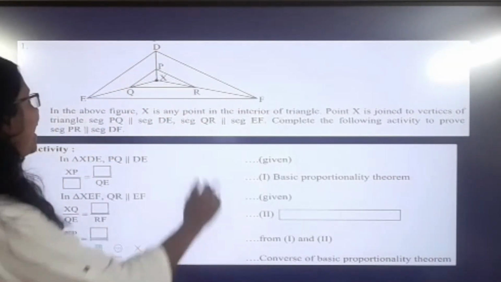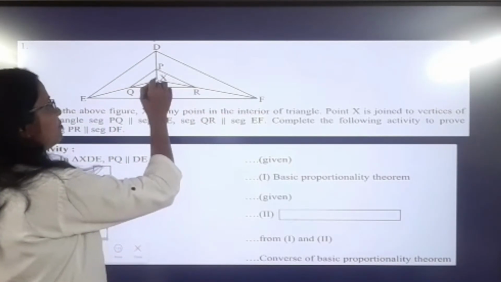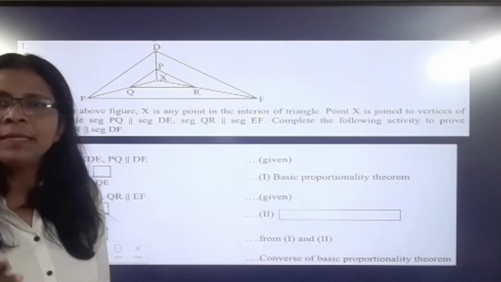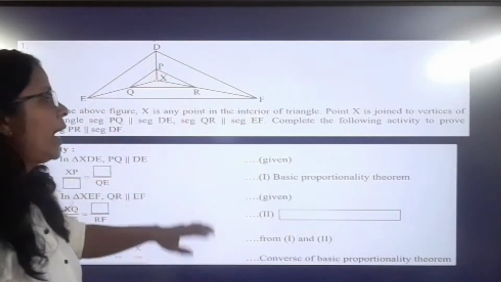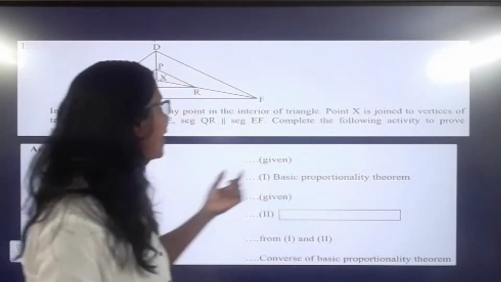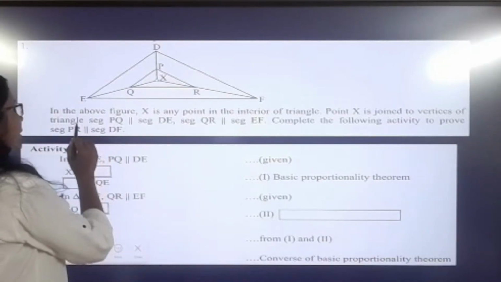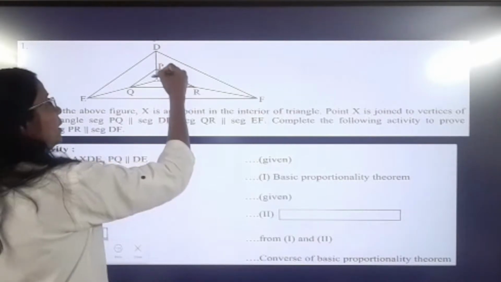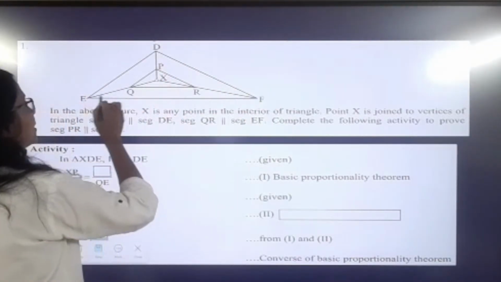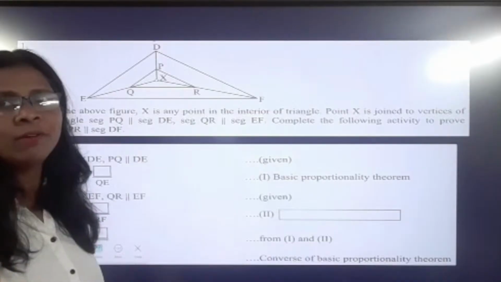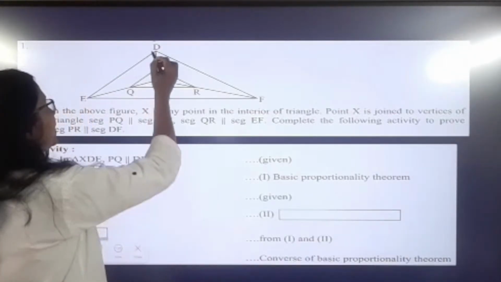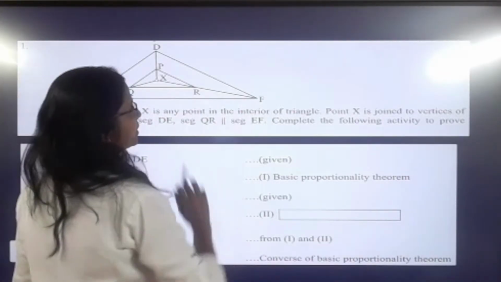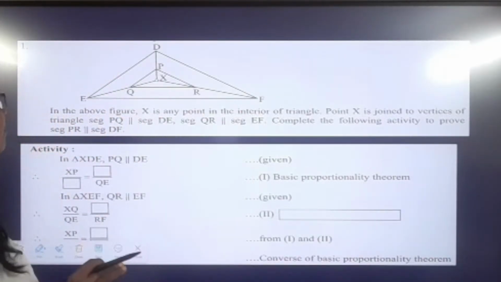Point X is joined to the vertices of the triangle: XD, XE, XF.